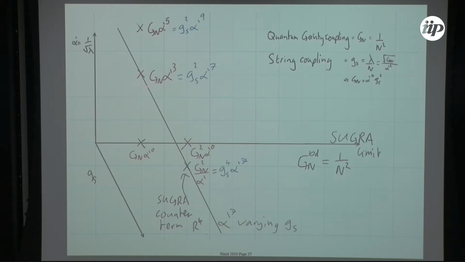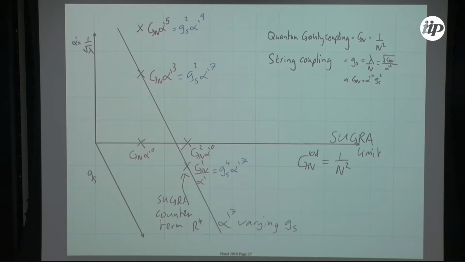Now, here I'm thinking in a supergravity sense, where 1 over N squared, and so G Newton and alpha prime are my parameters here. But in a string theory sense, maybe one would think instead of g string and alpha prime. And there you see that.